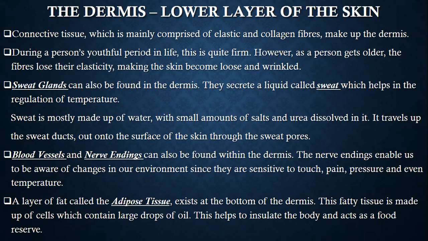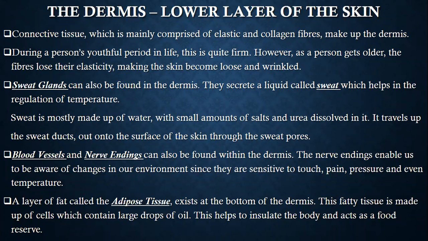Your sweat glands are also formed in your dermis, as we saw, which are responsible for secreting your sweat. You have blood vessels and nerve endings, which are also found within your dermis layer of the skin, and they are what enable you to actually perceive changes in your environment.